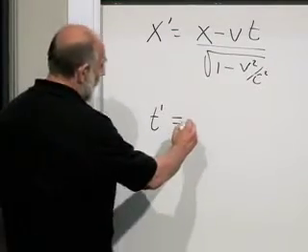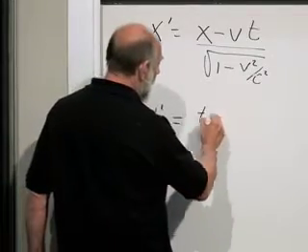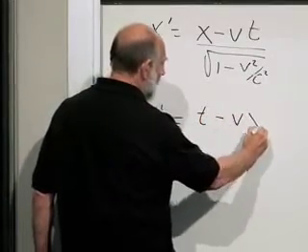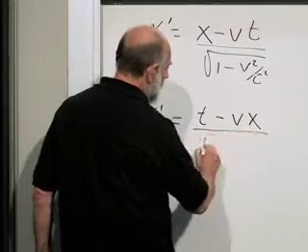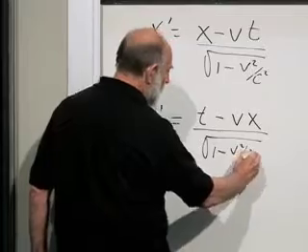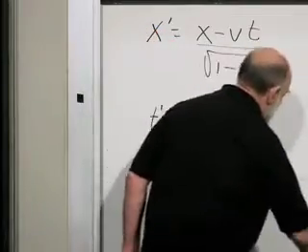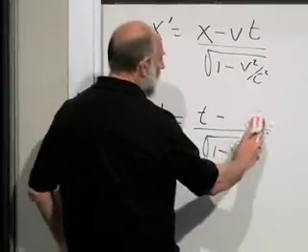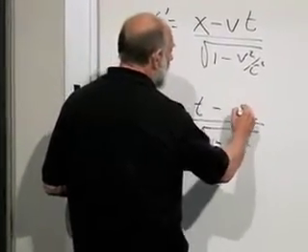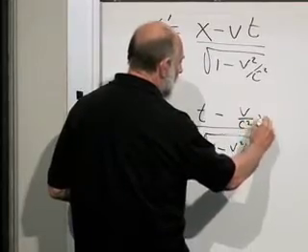To correct it, Einstein wrote it that way: t minus Vx divided by that same square root of 1 minus v squared over c squared, but this is also not dimensionally correct. To get it to be dimensionally correct, you'll have to write velocity divided by c squared times x.